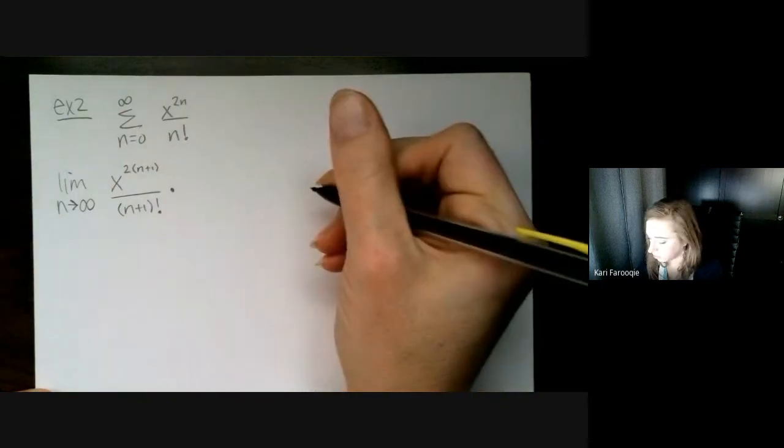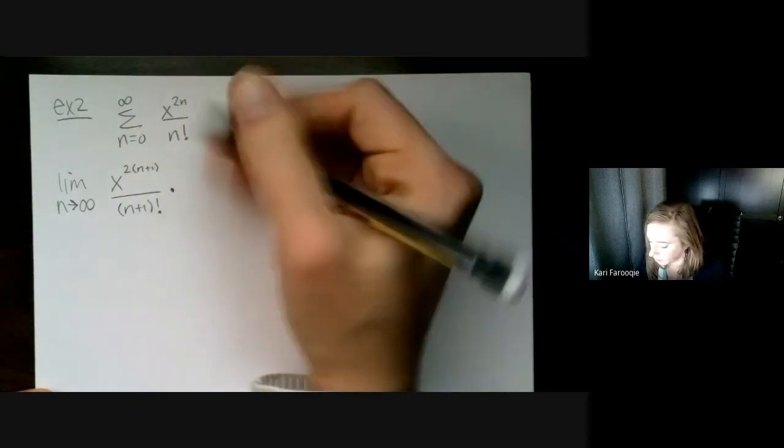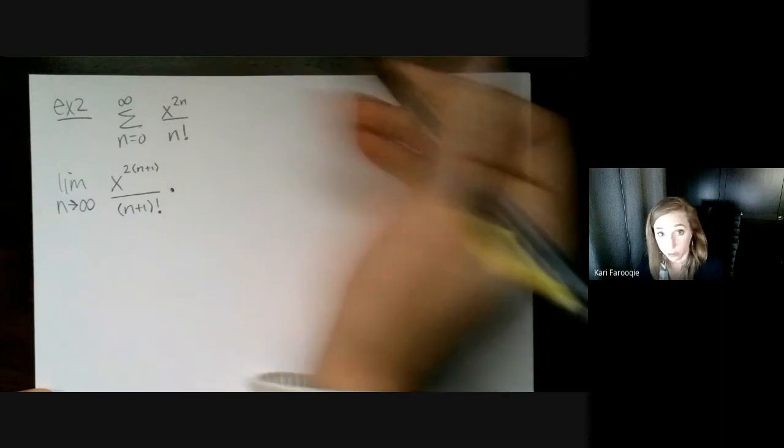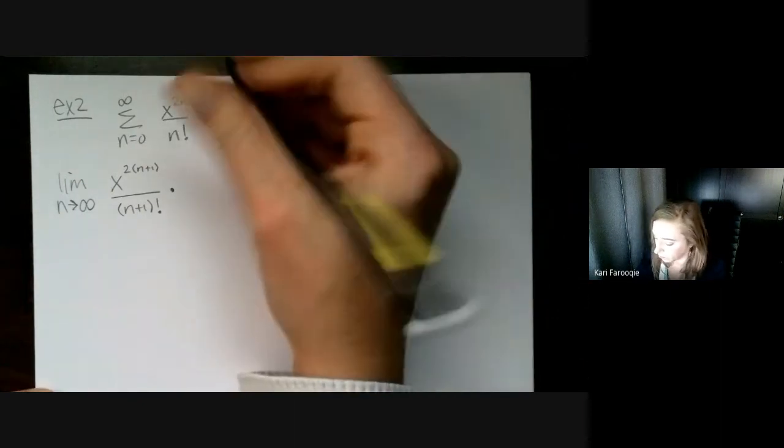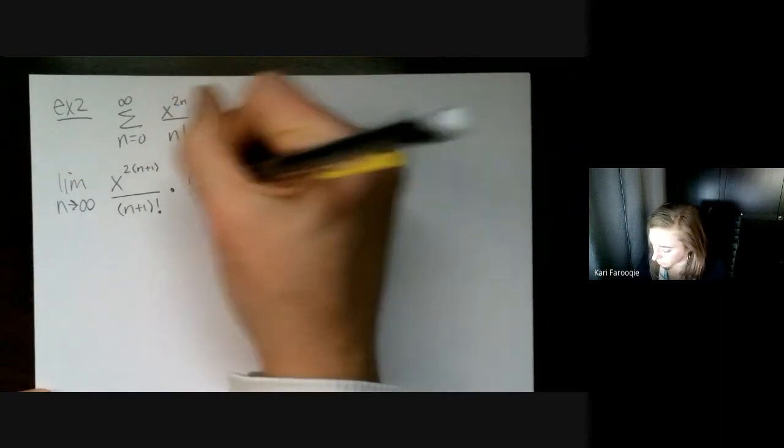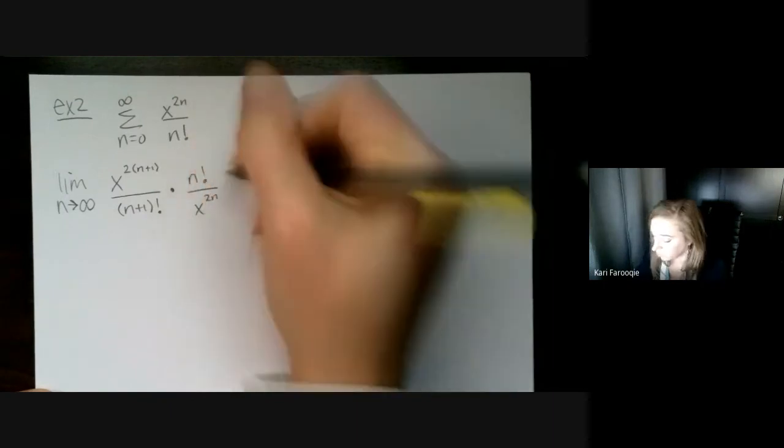And then you'll multiply by the reciprocal of your nth term. So n factorial divided by x to the 2n.